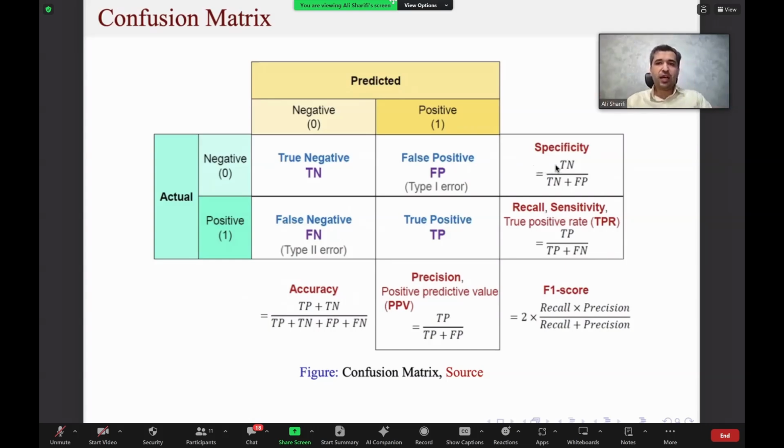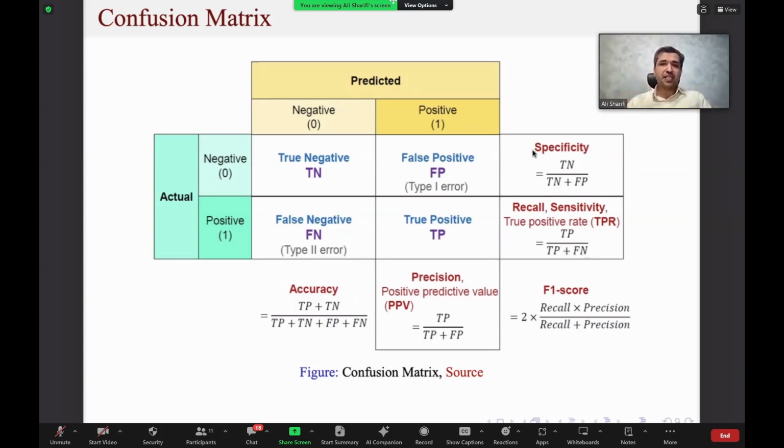And we can compute the sensitivity or recall, which is the number of true positives over true positives plus false negatives. Sensitivity means how sensitive our test is. Whenever a cancer patient is tested, is our test sensitive enough to raise an alarm about a positive cancer patient?